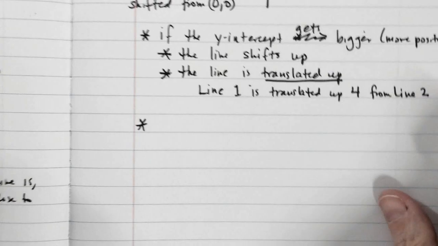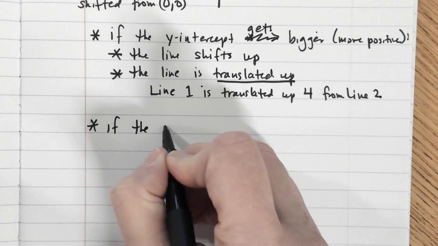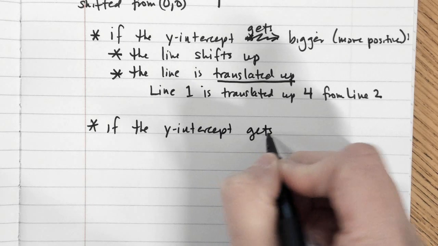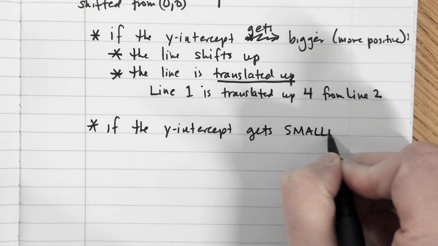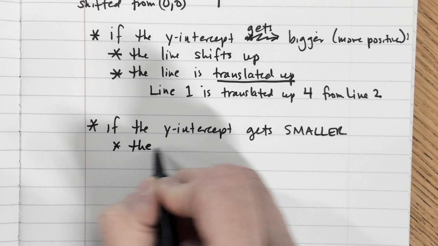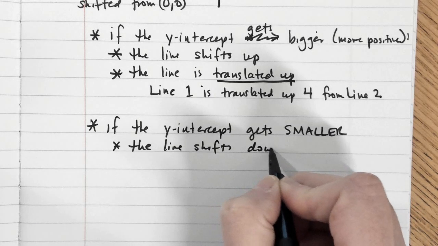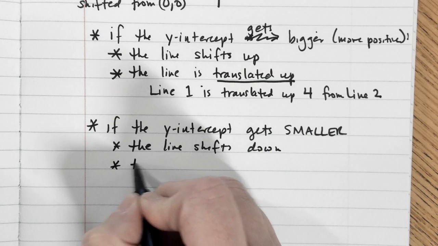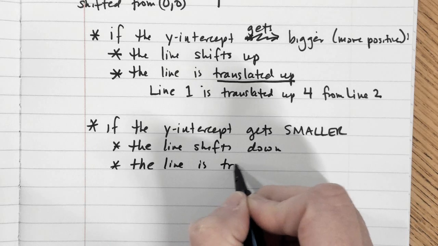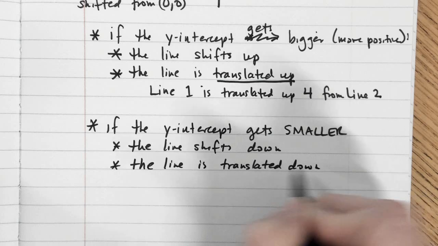Okay? If the y-intercept gets smaller, that means the line shifts down. And it means, in our official lingo, the line is translated down.